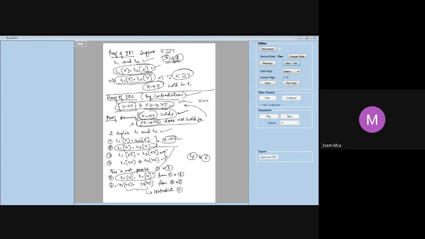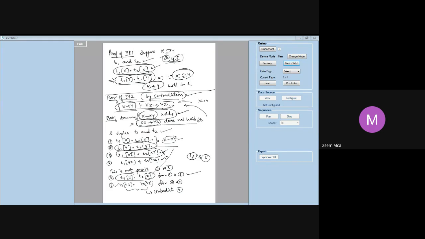Now, look at equation number 1 and equation number 3. T1 of X is equal to T2 of X, and T1 of XZ is equal to T2 of XZ. Hence, I can always write T1 of Z is equal to T2 of Z. Because you have combined it here, I can also separate it.